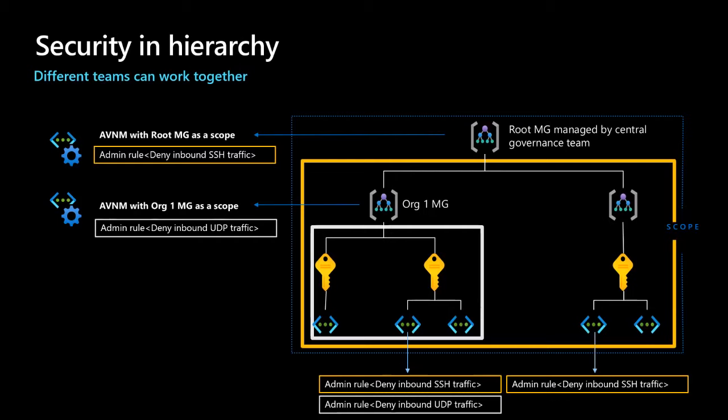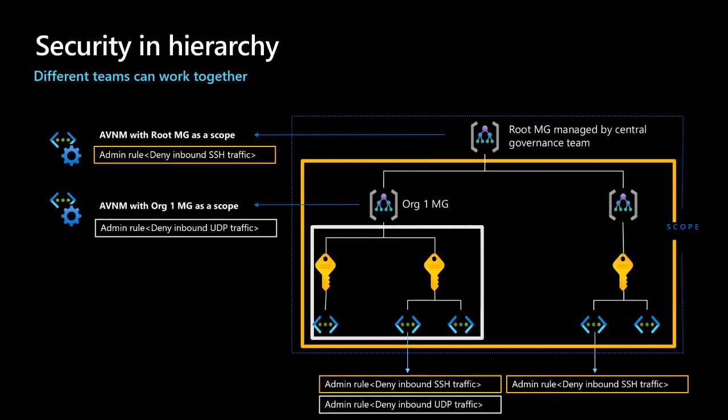So looking at this diagram, what's going to be created is that you have the virtual networks on the left-hand side, 3 virtual networks, right? And they will have 2 admin rules applied. One created by the, let's say, top level network manager, and another admin rule created by org1 network manager.